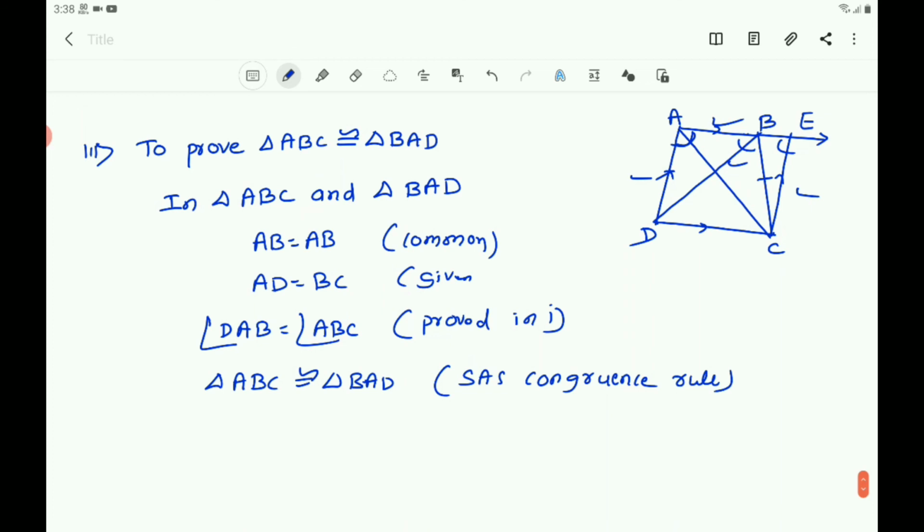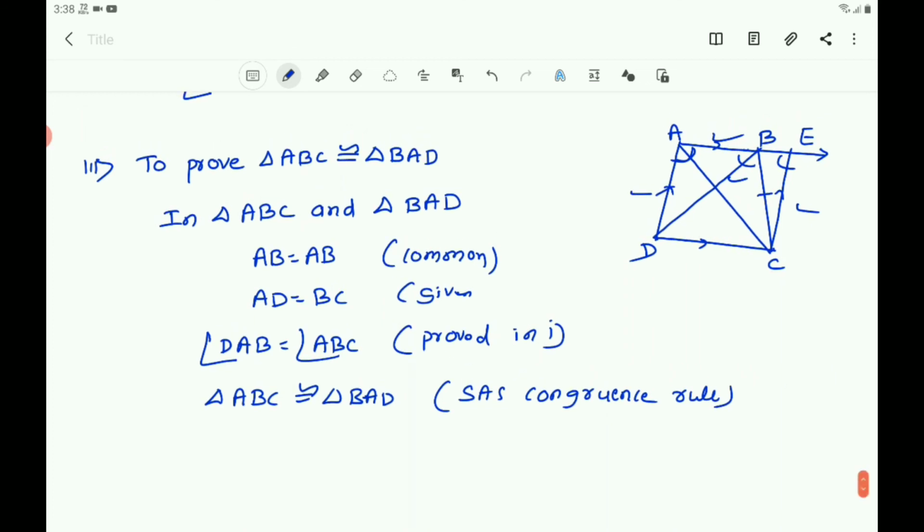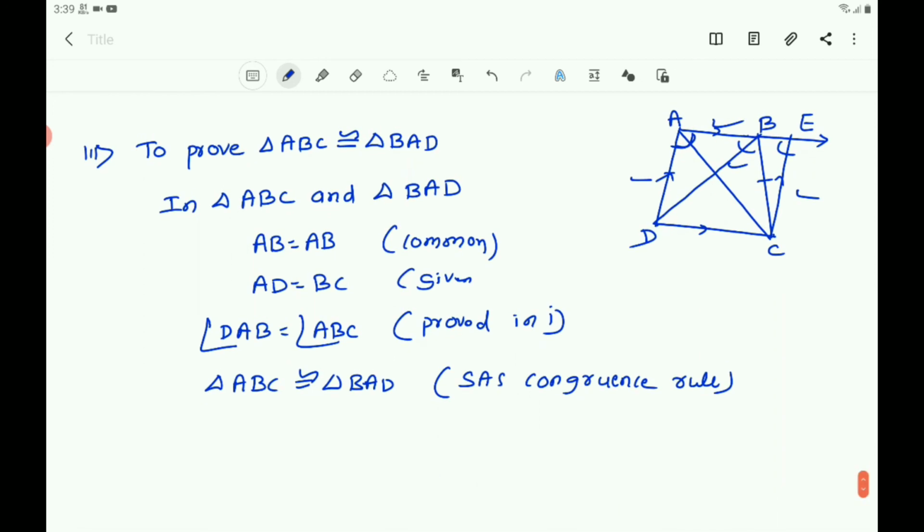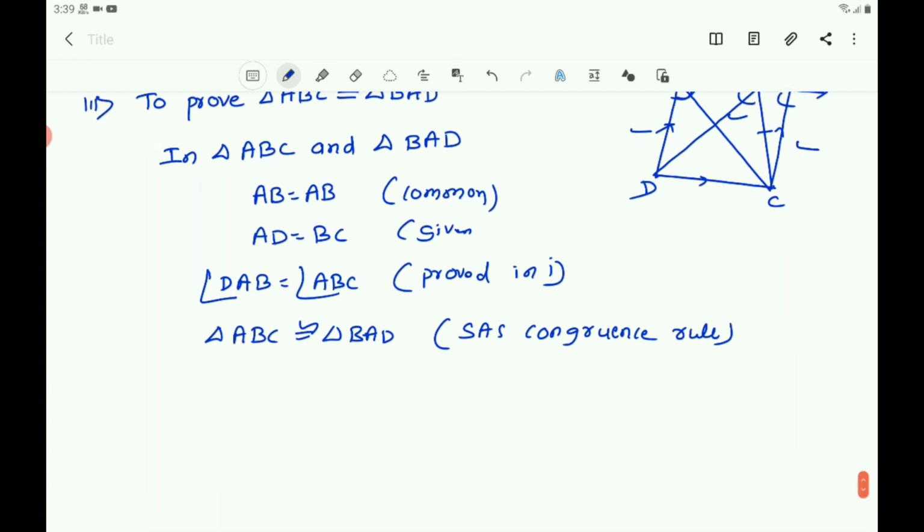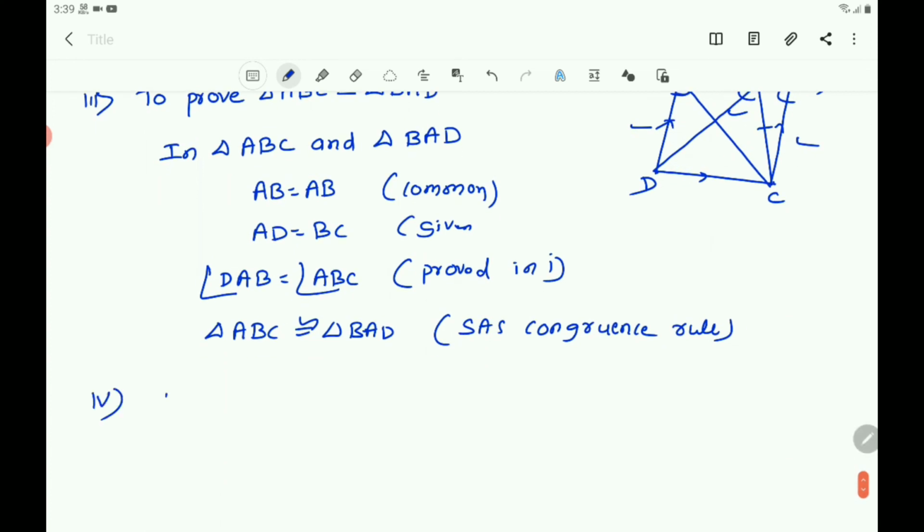Next, again we have to prove that diagonal AC equals diagonal DB. You know that AC and BD are the corresponding parts of triangle ABC and triangle BAD, and you can write that AC equals BD according to CPCT. So you write the fourth one, to prove diagonal AC equals diagonal BD.